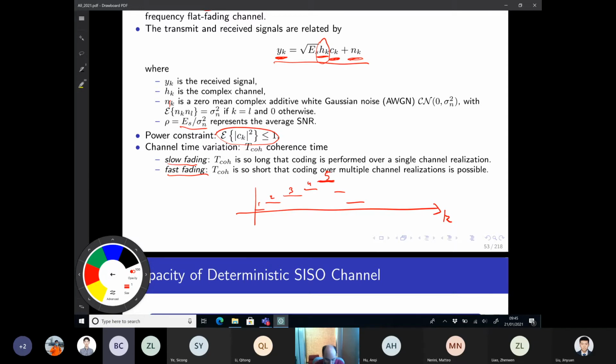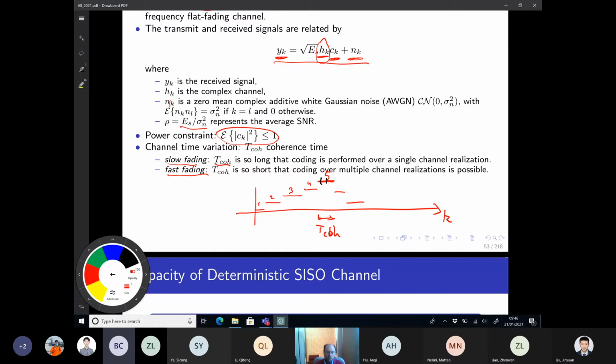So the length of that packet may be very small compared to the occurrence time of the channel. Let's imagine the channel is constant over this period of time, over this block. In slow fading, I assume that the duration of the code block will be small compared to the occurrence time.